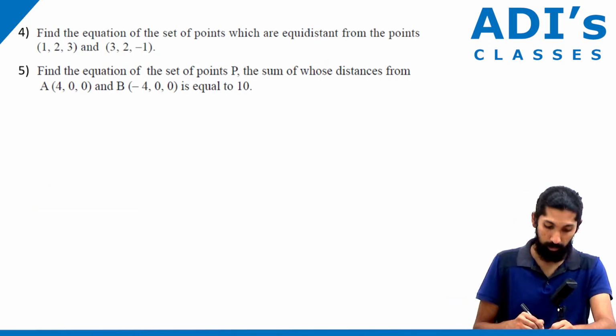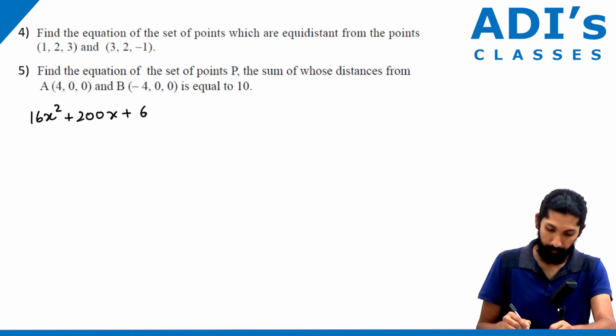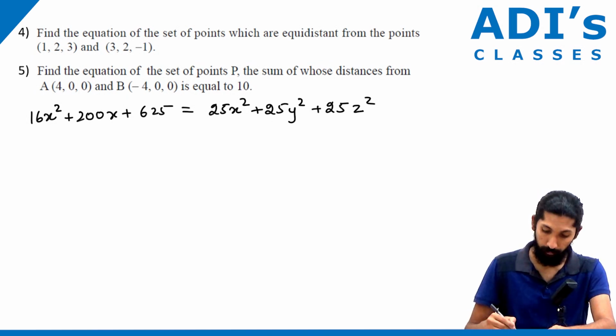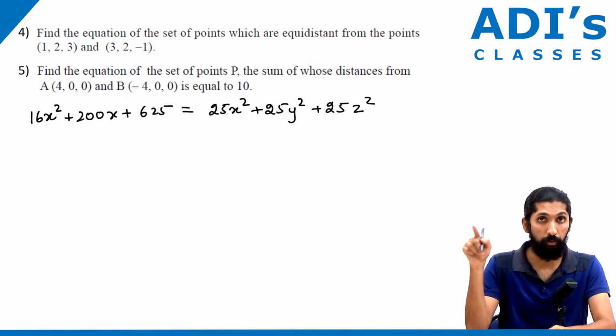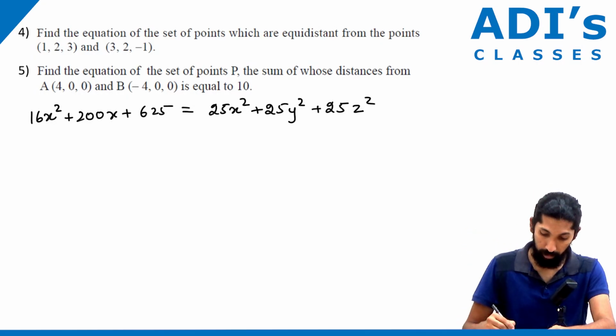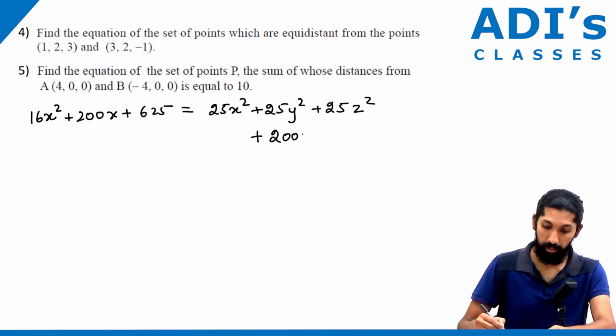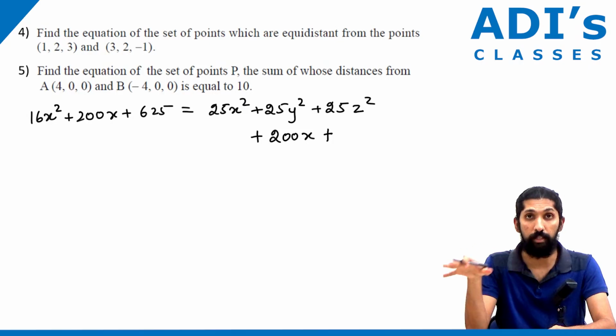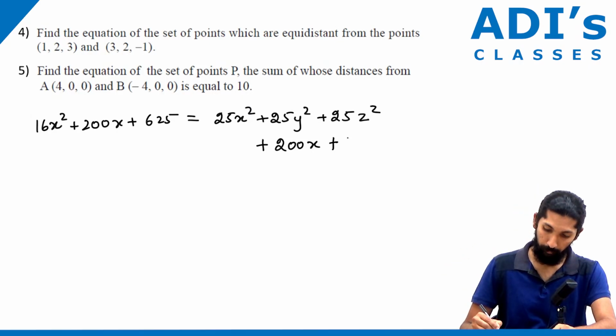RHS we multiply: 25x square plus 25y square plus 25z square, plus 25 into 8, which is 200x, plus 25 into 16, which is 400.